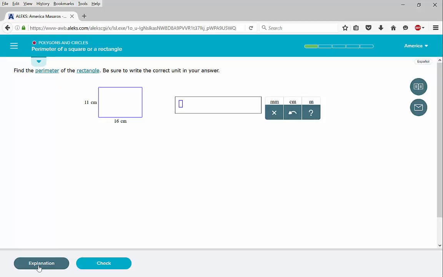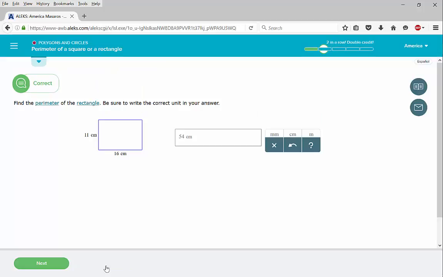You can add that up by hand or on your calculator. Either way, you're going to get 54. So we have 54 cm. Oh! If I get 2 in a row, I get double credit. So that means if I don't get any of them wrong, I only have to do 3 of these. That's way better than having to do 5.